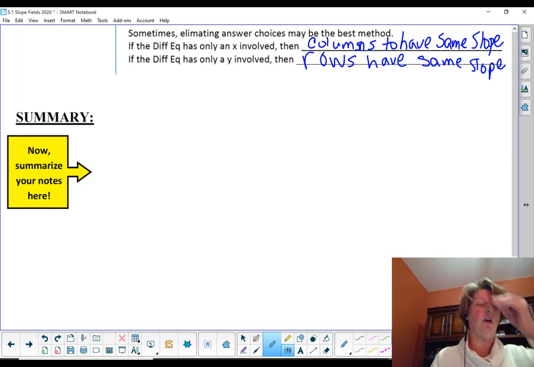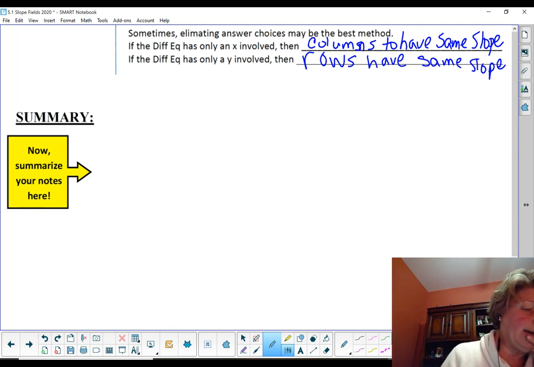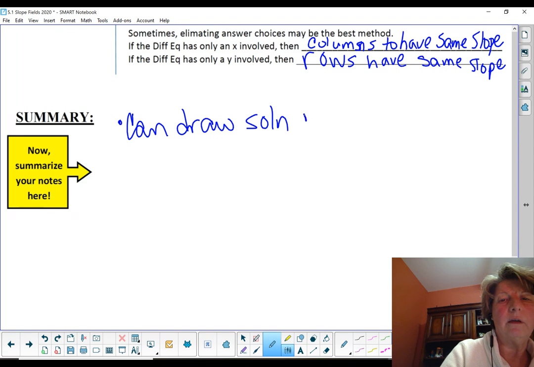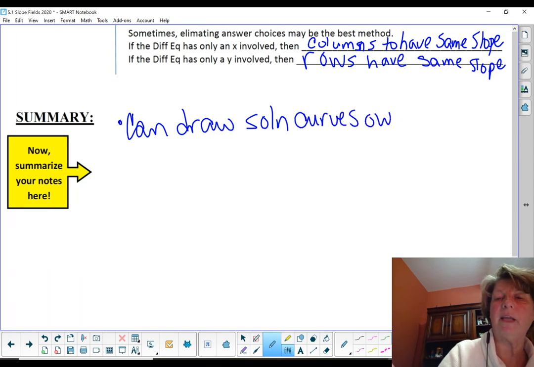What kind of summary thing could we do about our notes today? Well, one thing is we can draw solution curves over the slope field.